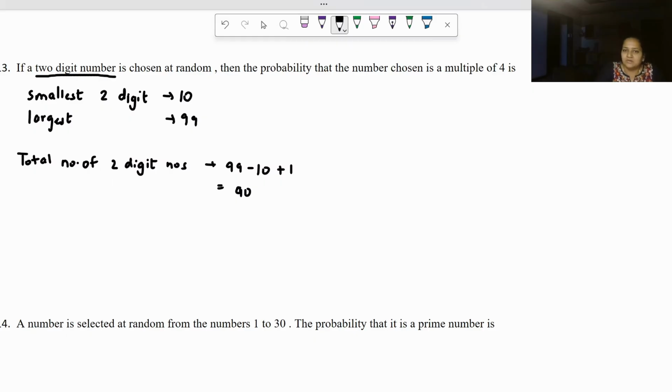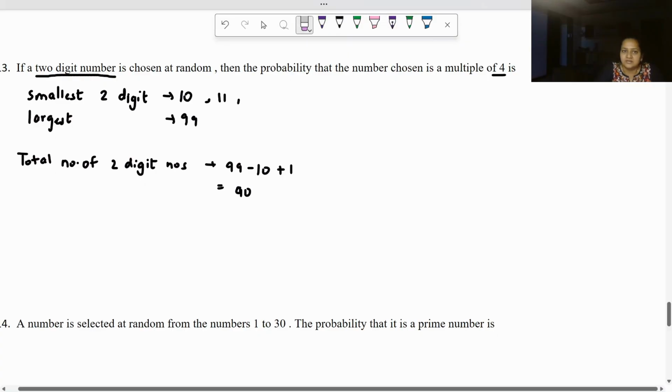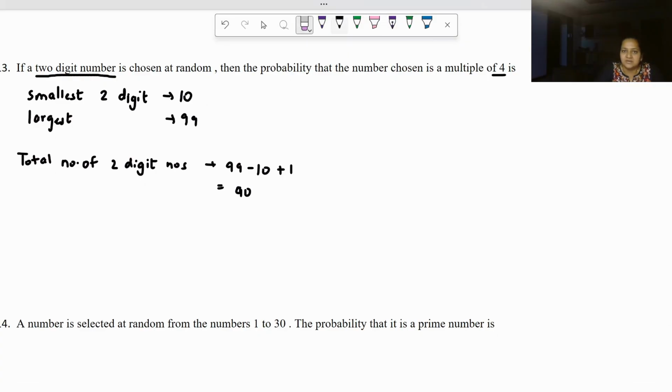Correct? Now again we can apply AP over here and find out the multiples of 4. Let's write it here.